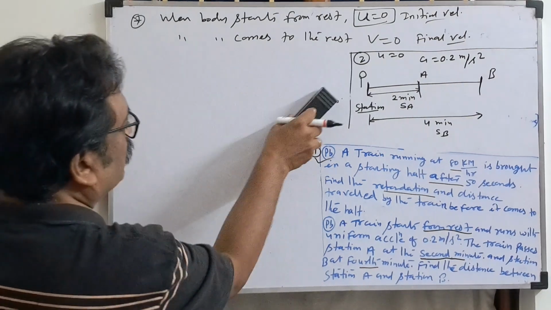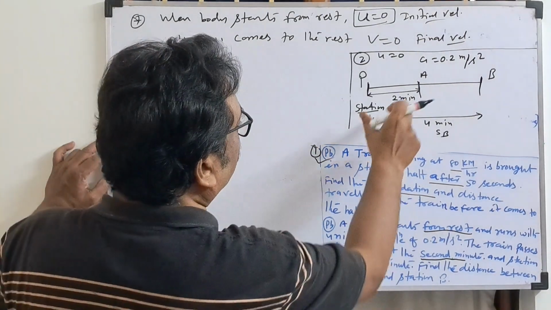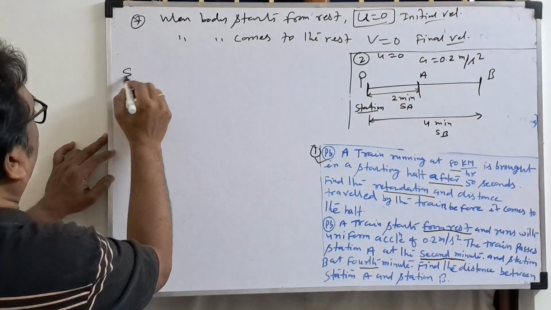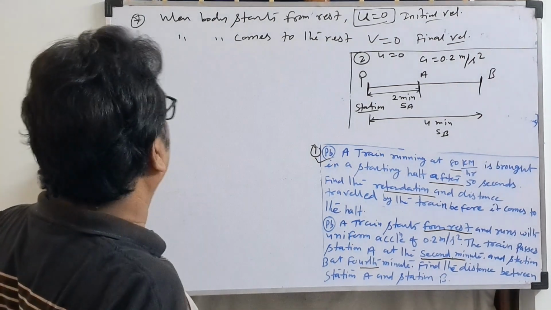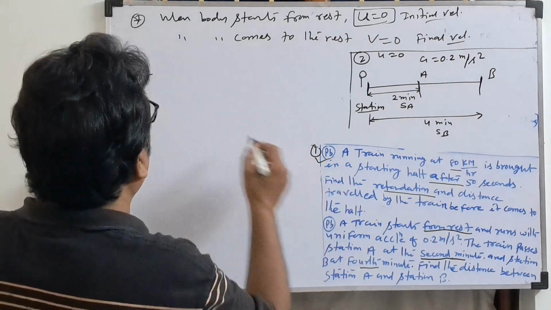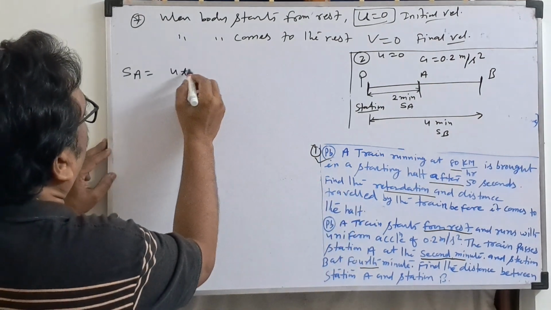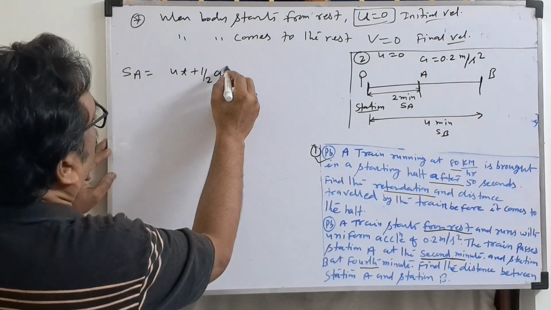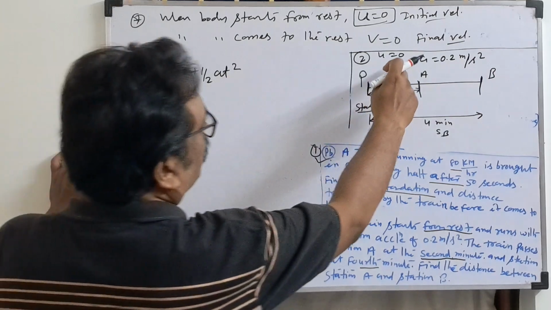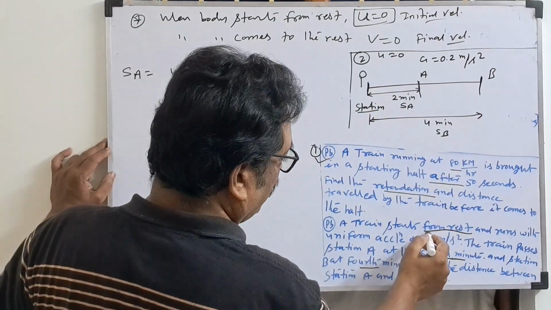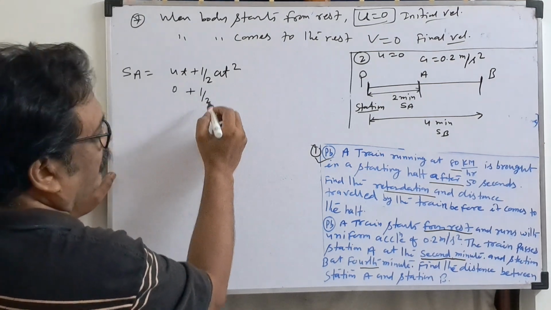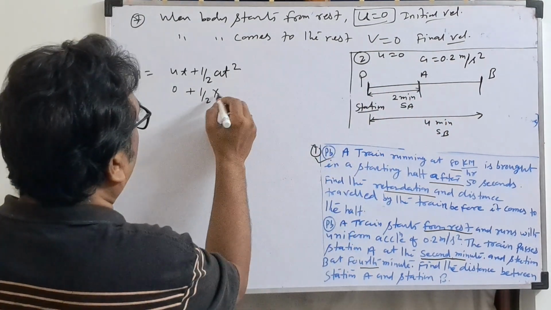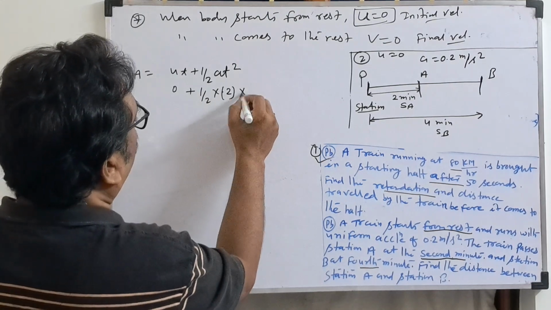So what is the solution here? See, first we'll find the distance SA. That means distance traveled from P to A. What is the formula here? UT plus half AT square. What is U here? Because it's starting from rest, U will be 0, plus half, acceleration given 0.2, into time.